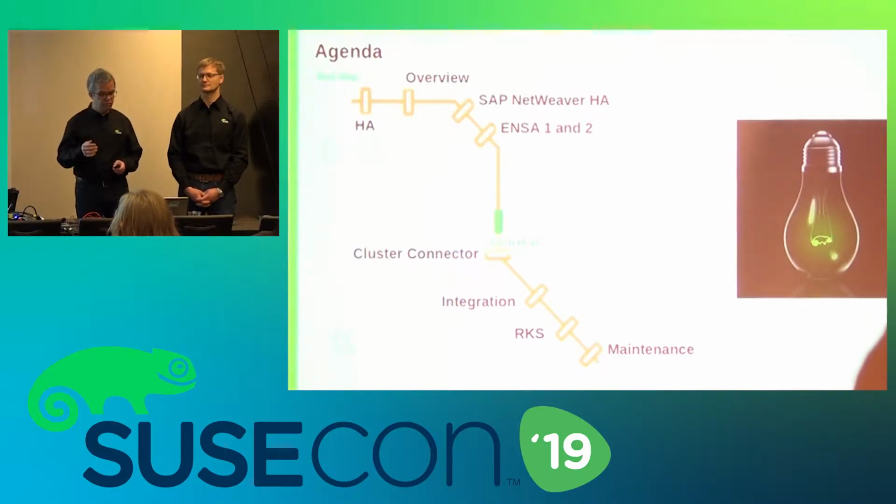We will explain what that is and what the difference is. And then going also to some things about the cluster connector, what it is and how it is used. Then we have up to three video-based demonstrations, depending a bit on how much time we have at the end of the session, where you can see our cluster working together with an SAP workload.